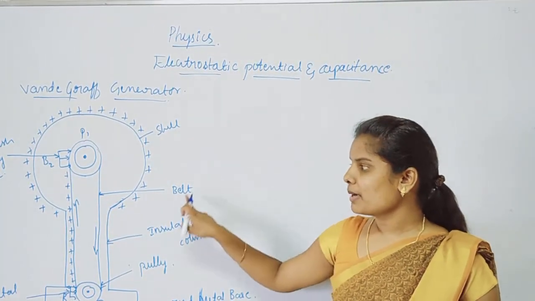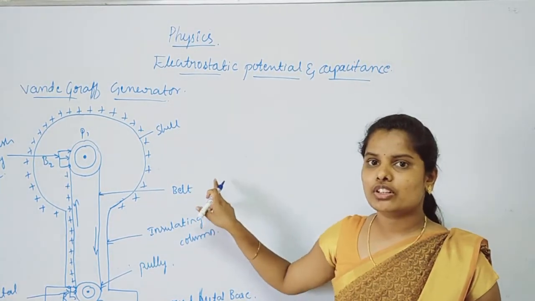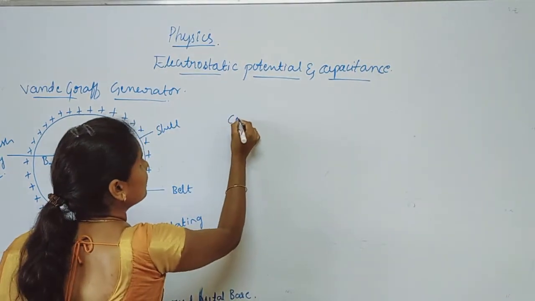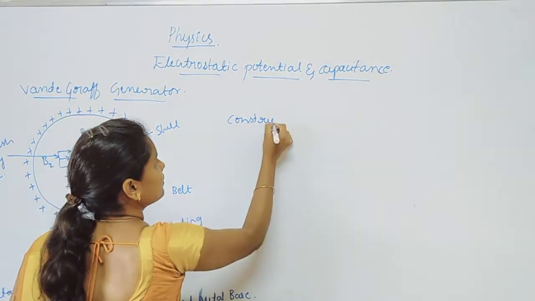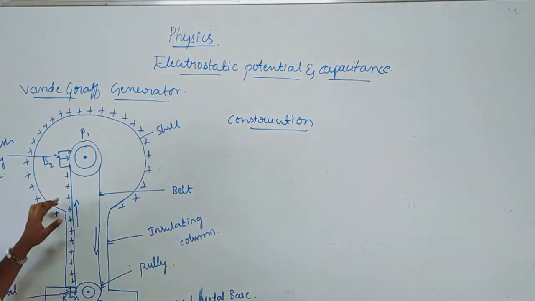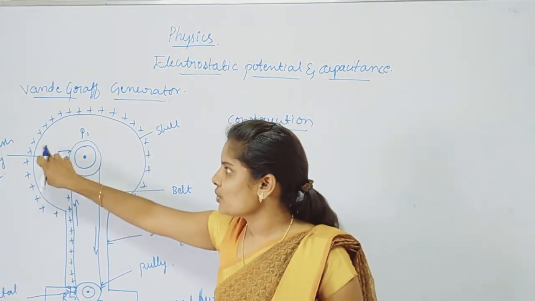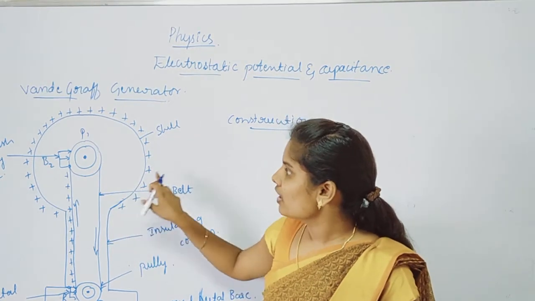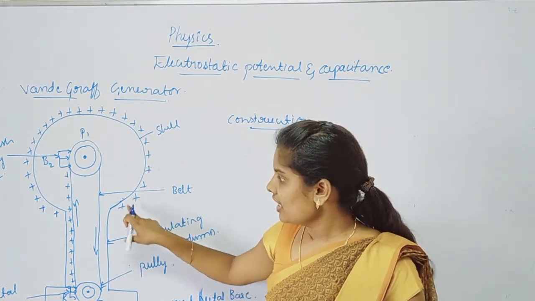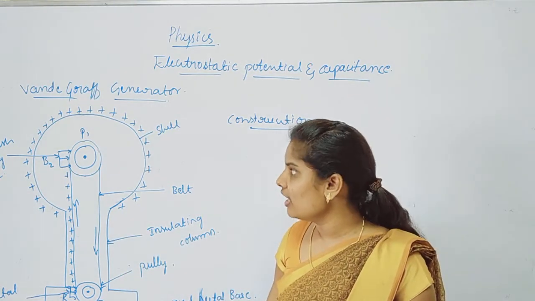This is the schematic diagram of the Van de Graaff generator. First we are going to discuss the construction. Consider a shell of very large radius, supported by a long insulating column from the ground level.